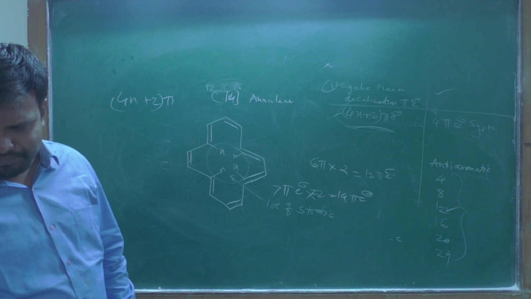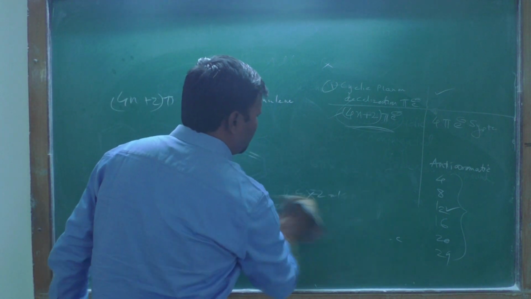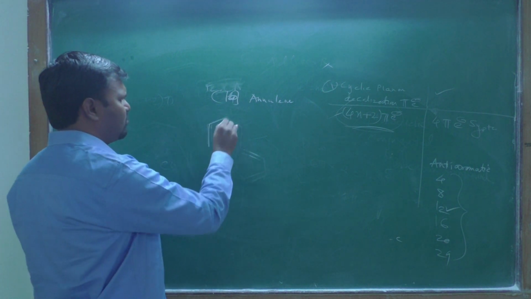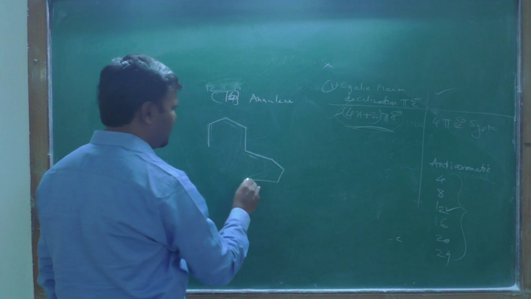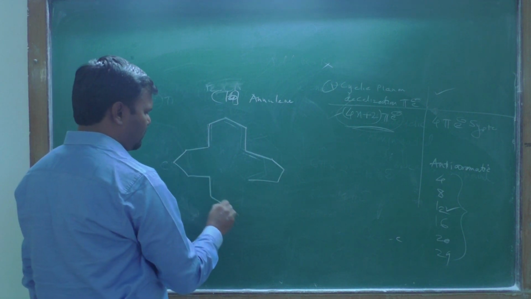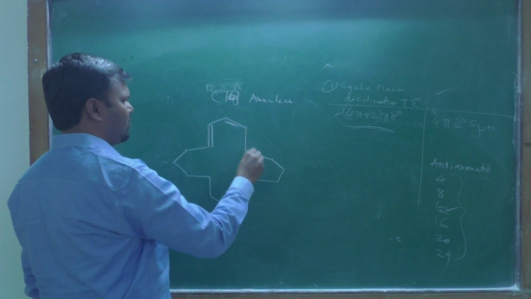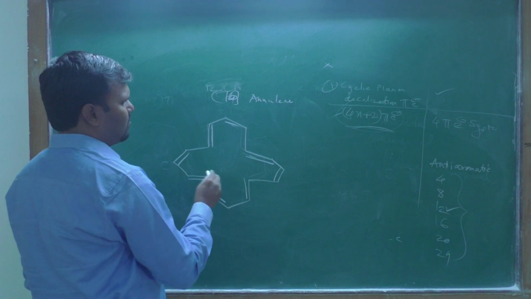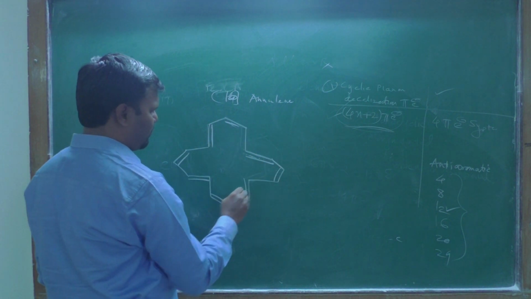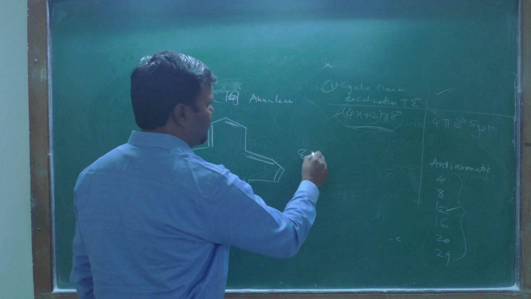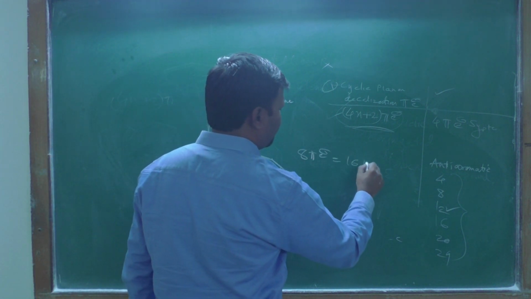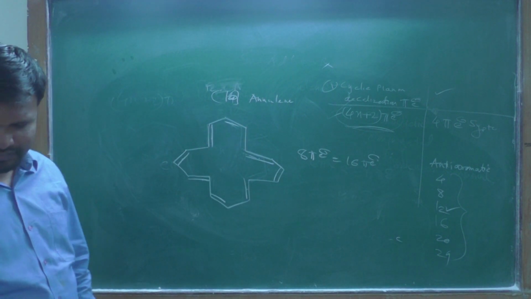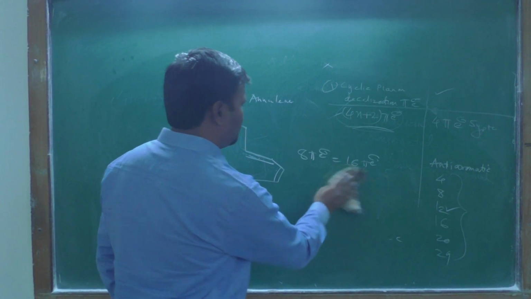Okay, now next is the 16 electron system. You can show it like that. 1, 2, 3, 4, 5, 6, 7, 8. 8 pi bonds, and therefore 16 pi electrons are there.